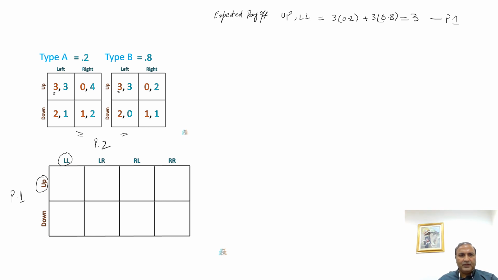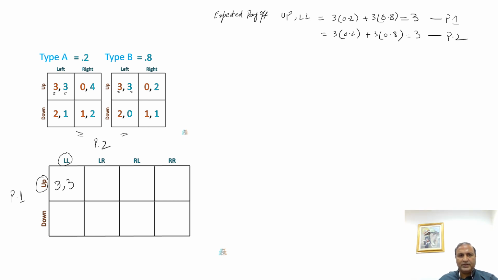Similarly, if player 2 is type A, his payoff is 3, and if he is type B, his payoff is 3. So we can also find the expected payoff for player number 2. It will be equal to 3 times 0.2 plus 3 times 0.8, that will be equal to 3.